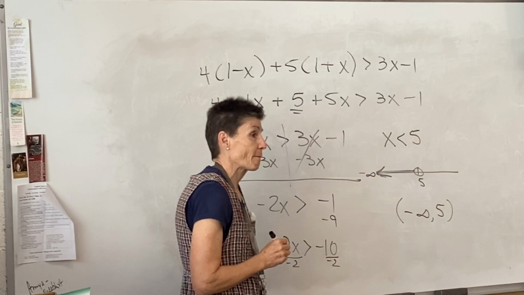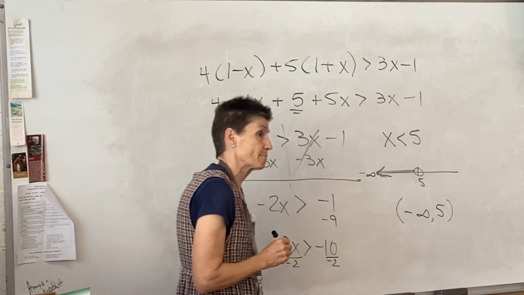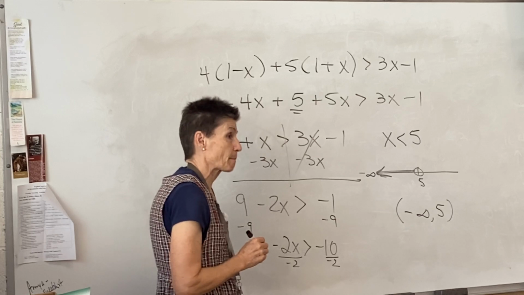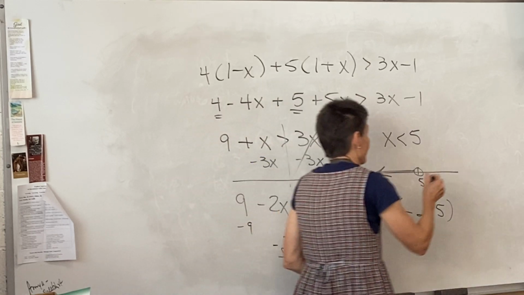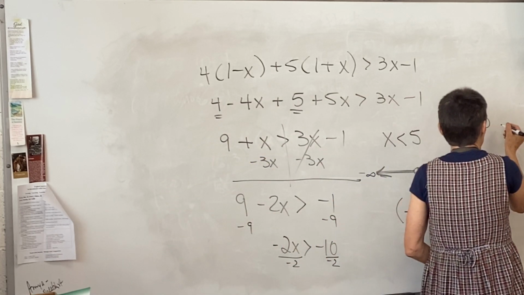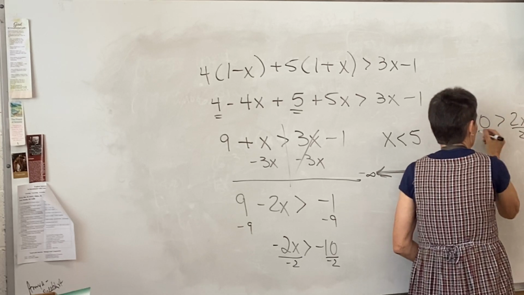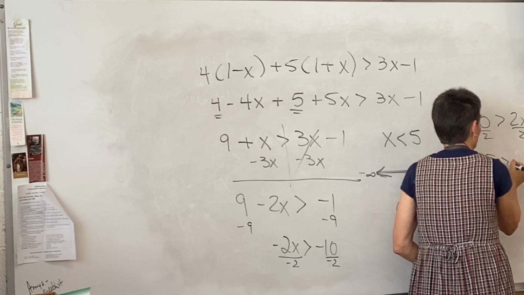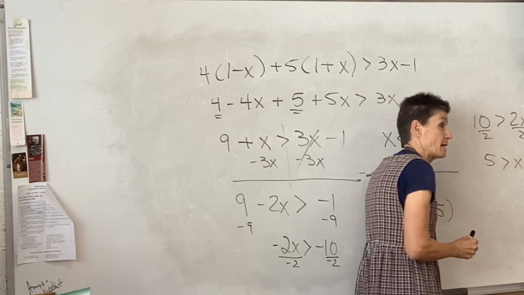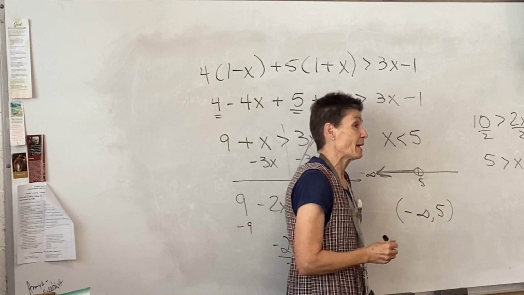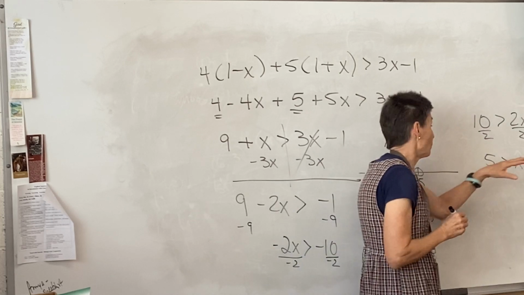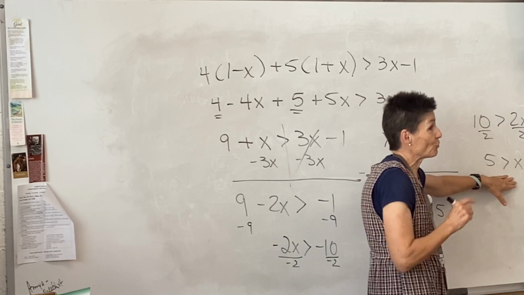If you did it the other way and got 10 is greater than 2x, I subtracted the x to 3x, and I had a positive term because I thought I was doing it easier. Then where do I flip the sign? You don't flip the sign, because you didn't divide by a negative. But when you go to graph this, you gotta make sure you're graphing it right.